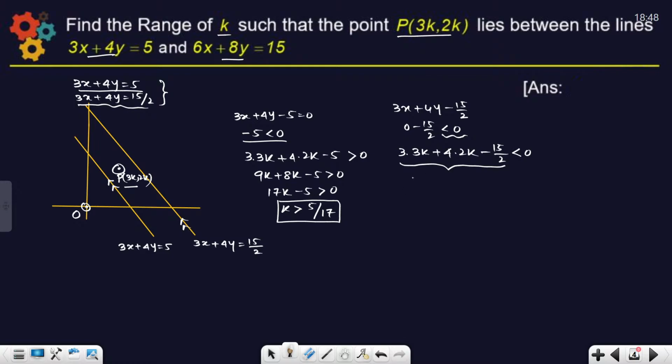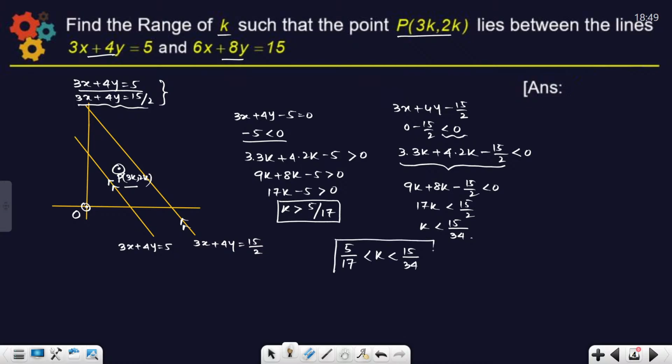So from here we are getting k is less than 15 over 34. Is it clear? Thus, the range of k is lying between 5 over 17 and 15 over 34.